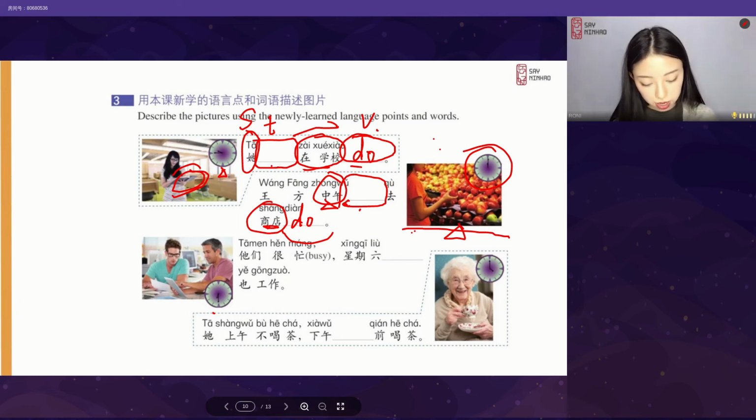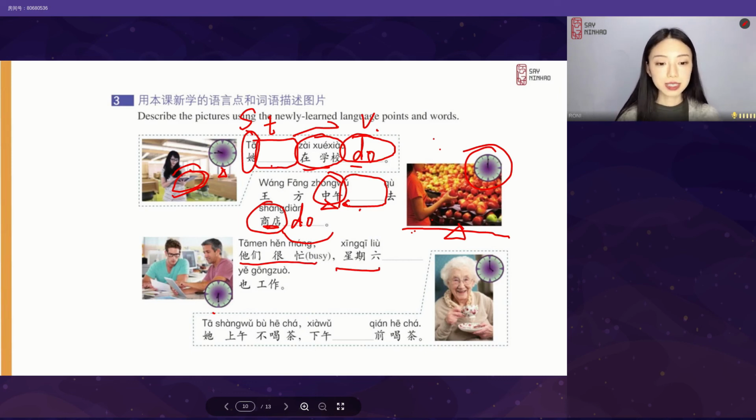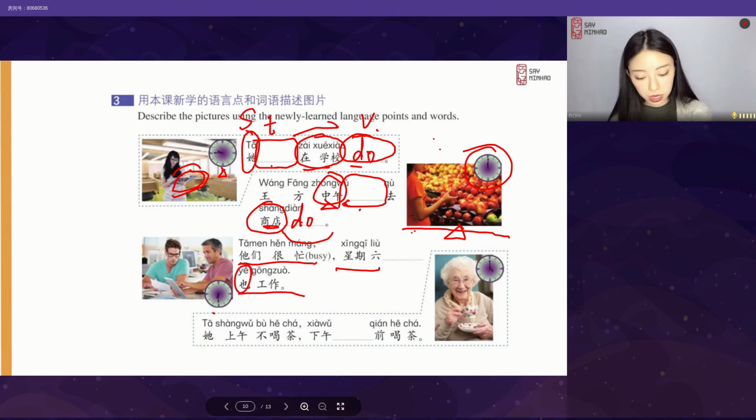Okay, next one. 他们很忙. More on 忙. This means busy in Chinese. 他们很忙. They're very busy. 很 very. 星期六 Saturday. 也工作. 也 means too, as well. So 也工作 means work too. They will work on Saturday too.